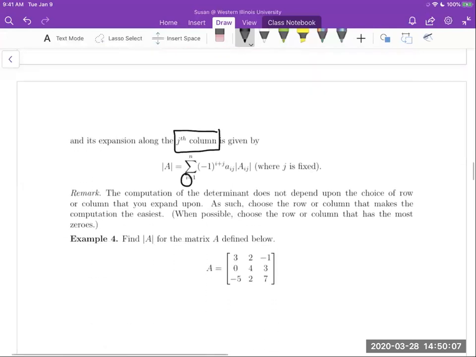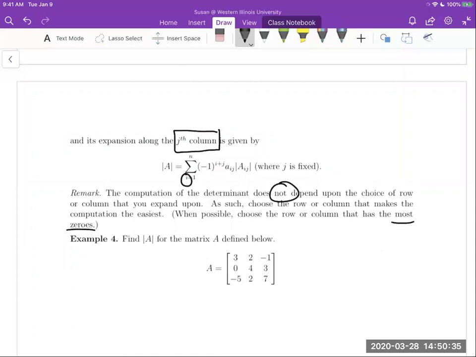Something that's important to note is that the computation of the determinant does not depend upon the choice of row or column that you expand upon. So you can pick any row or column that you want, and as I always say, make good choices. If you see a row or column that has lots of zeros in it, then that's your best choice, because most of those terms in your sum will then become zero.